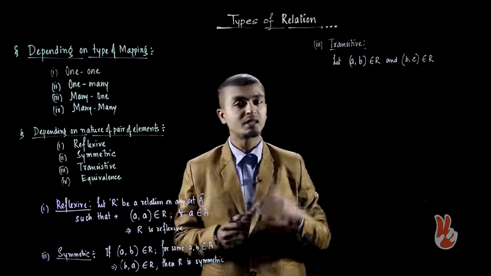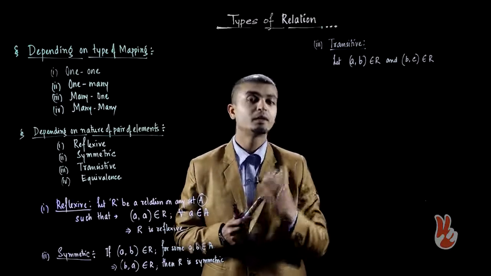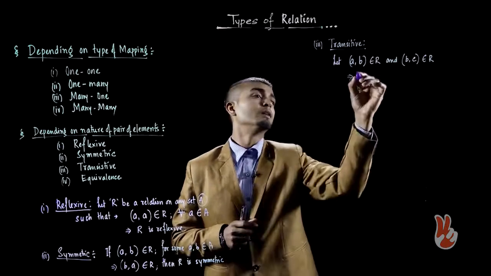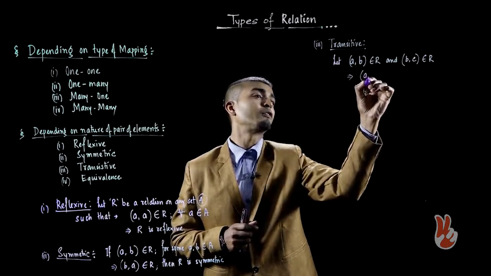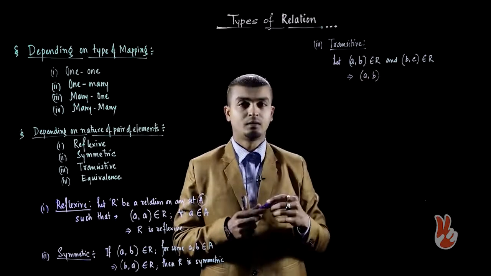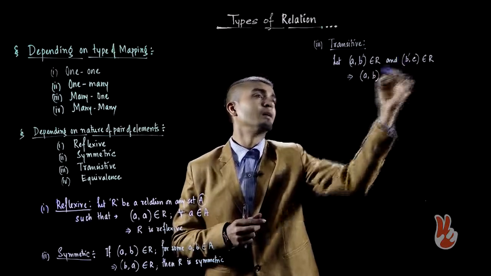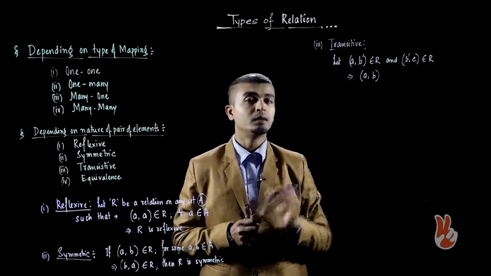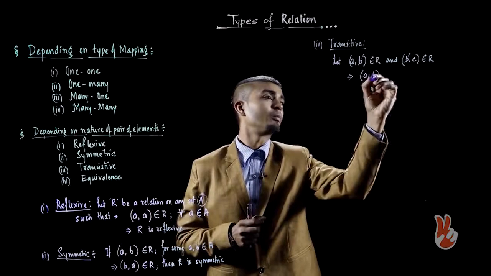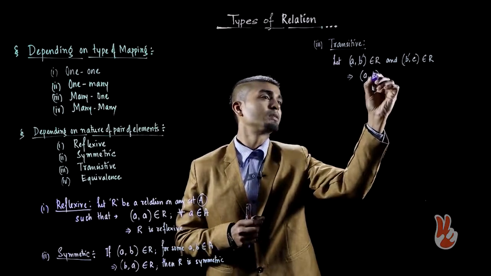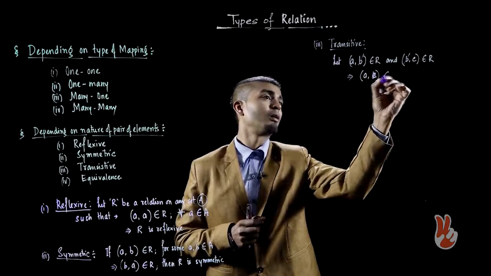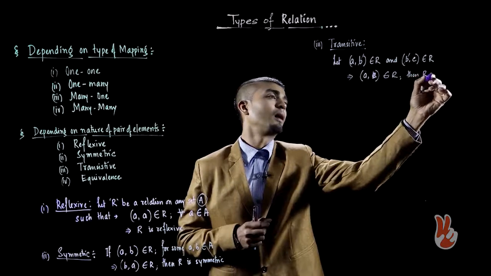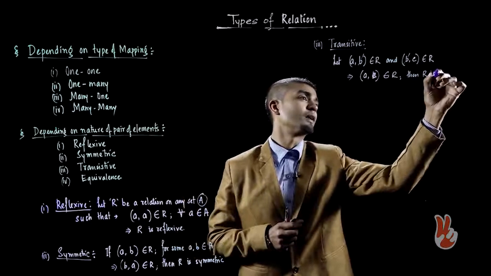They are obviously some values in the given set A, then this implies the pair formed by the first and the last element, that means cancelling the middle common element b, if I get the pair as (a, c) belongs to R, then R is transitive.